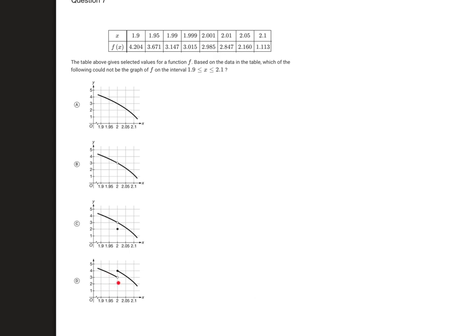So D doesn't seem like it could be the answer, because this approaches 3 from the left, but from the right it doesn't look like it's approaching 3, more like approaching 4. So yeah, this is D. It can't be a jump discontinuity if the y values approach the same value from the left and right, which in this case is 3.